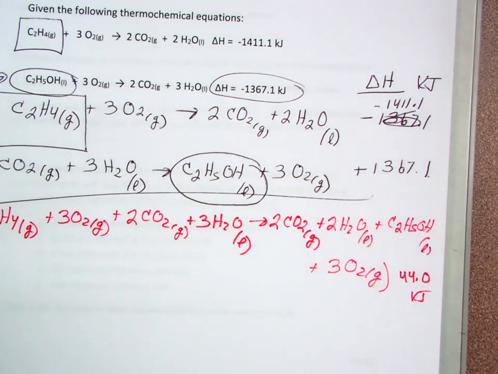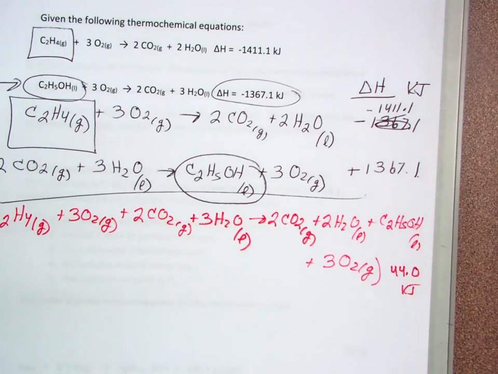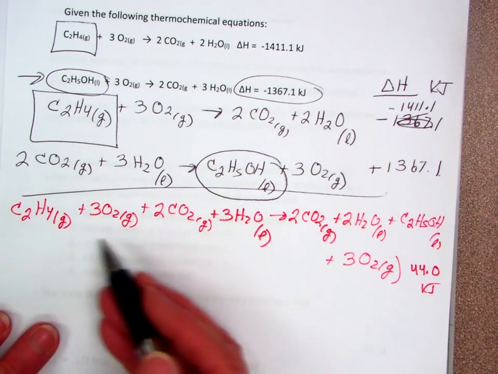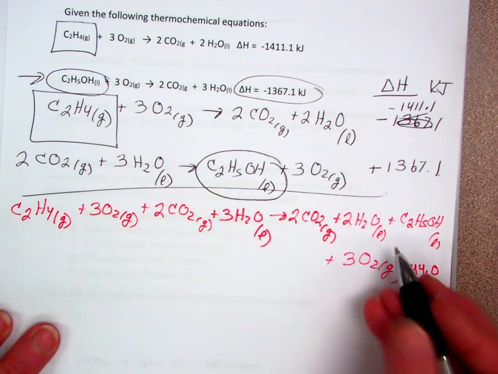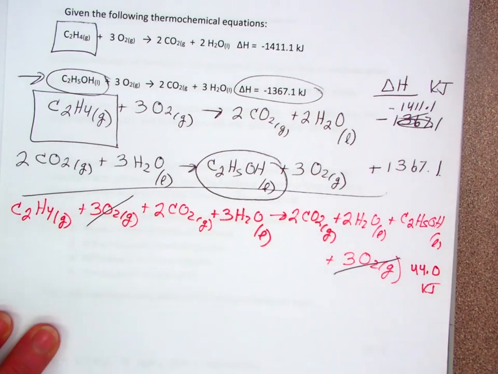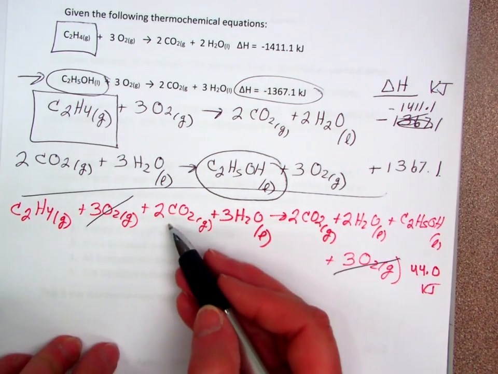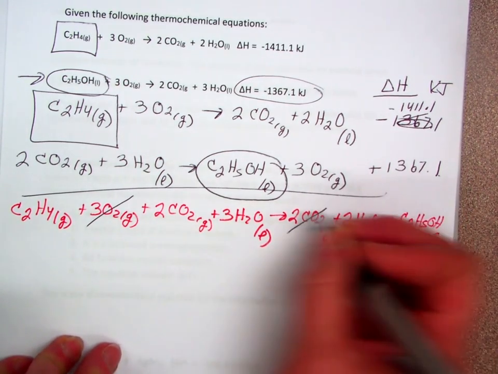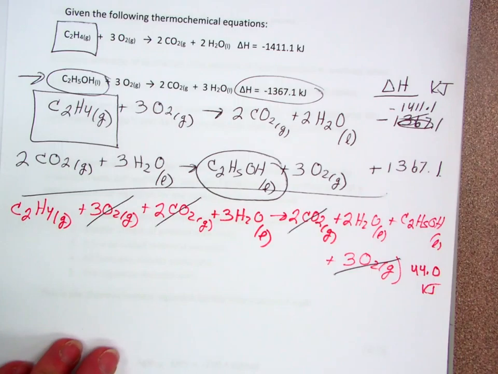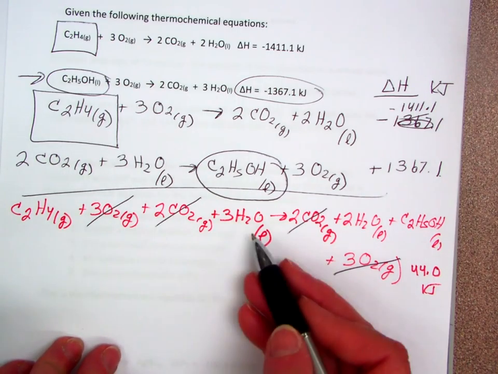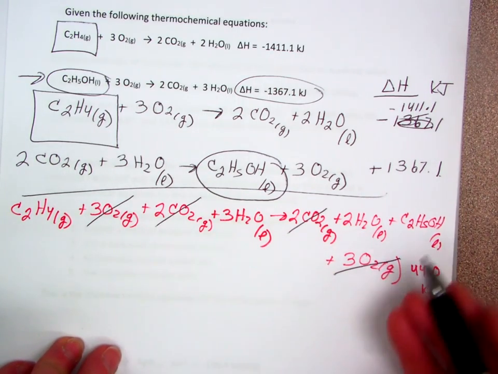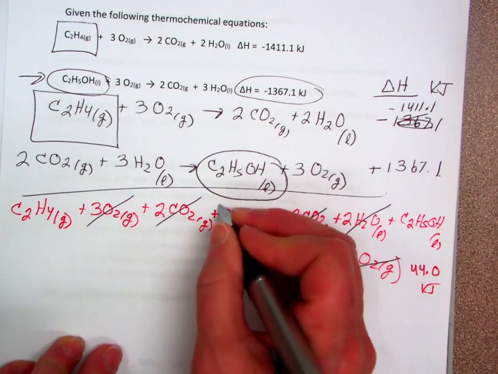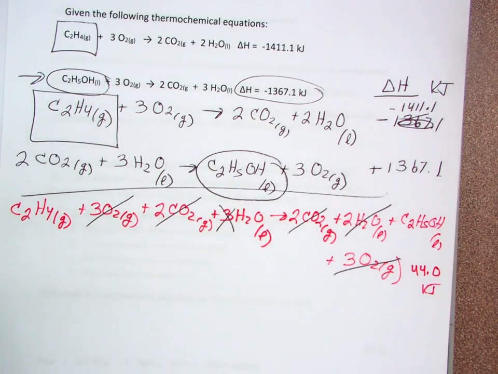Now I take a minute to see what can cancel. I have ethene plus 3 oxygen, and I have 3 oxygen over here, so I can cancel those. I have 2 carbon dioxide on the left and 2 carbon dioxide on the right, so I can cancel that. I have 3 waters on the left and 2 waters on the right, so I can cancel 2 waters, leaving me 1 water.